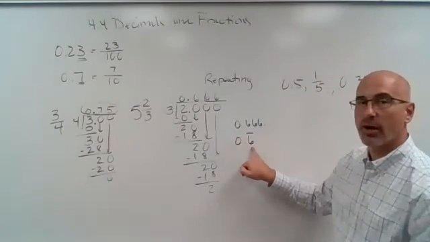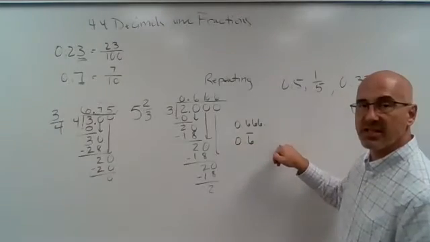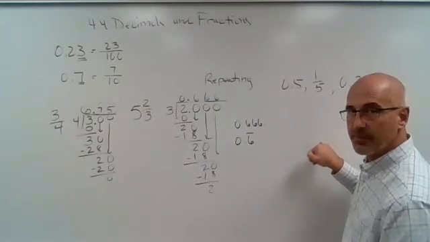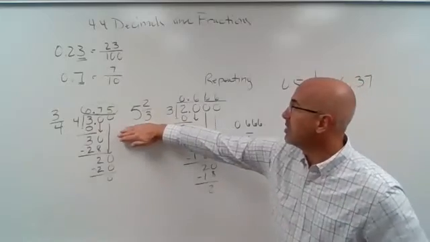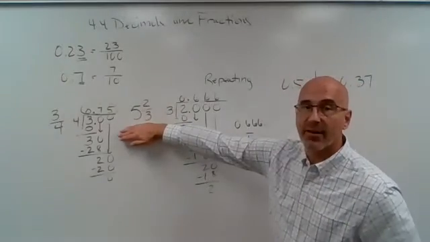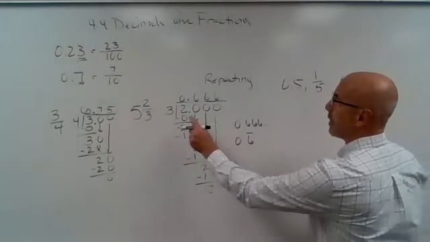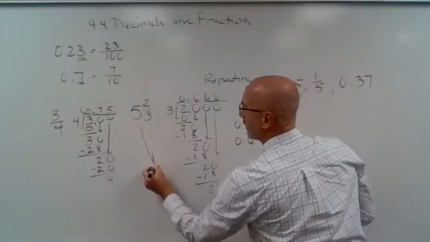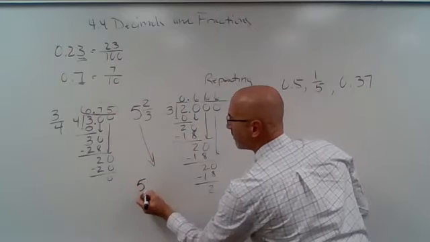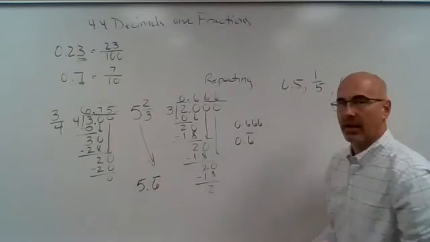So this is a shortcut way of saying 0.6666666666666. Okay. Now let's go back to our original problem. We needed to turn 5 2/3 into a decimal. So we've got the decimal part of it. We've got the 2/3 part. So now we can write this as 5, that's our whole number, 0.6 repeating.